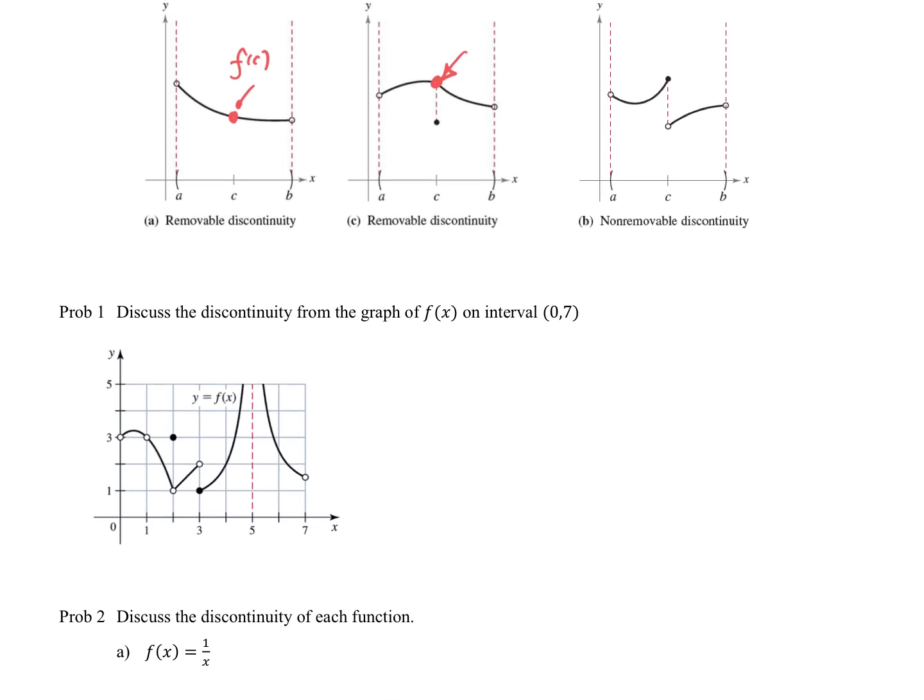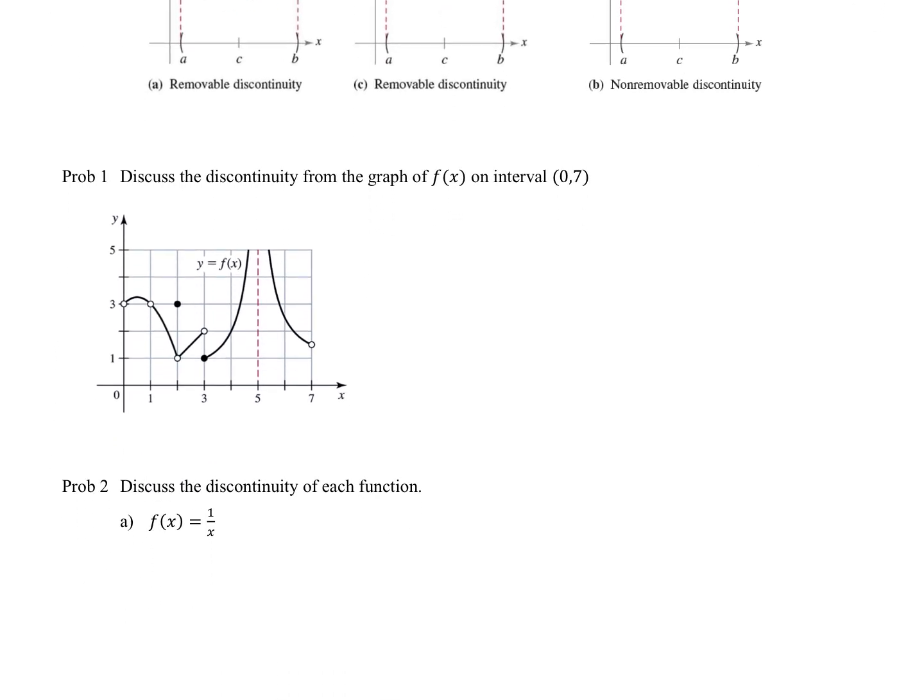Let's do some exercise here. Let's take a look at problem number 1. Here we are given a graph, and we want to identify the discontinuities and also the type of discontinuity. So we're going to look at the interval from 0 to 7.